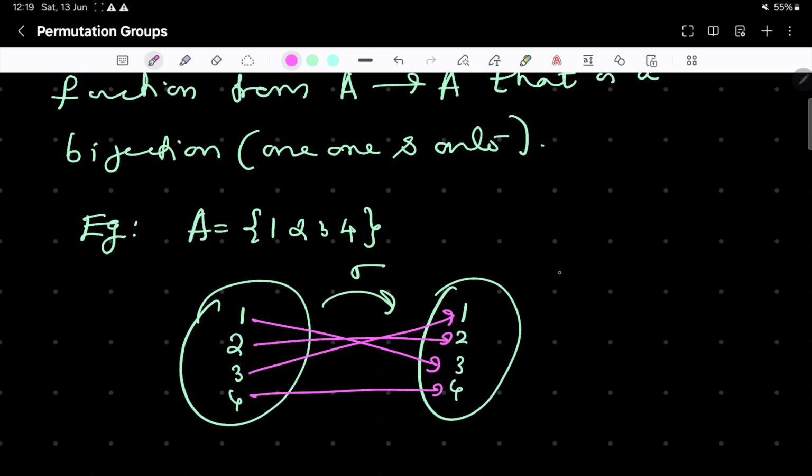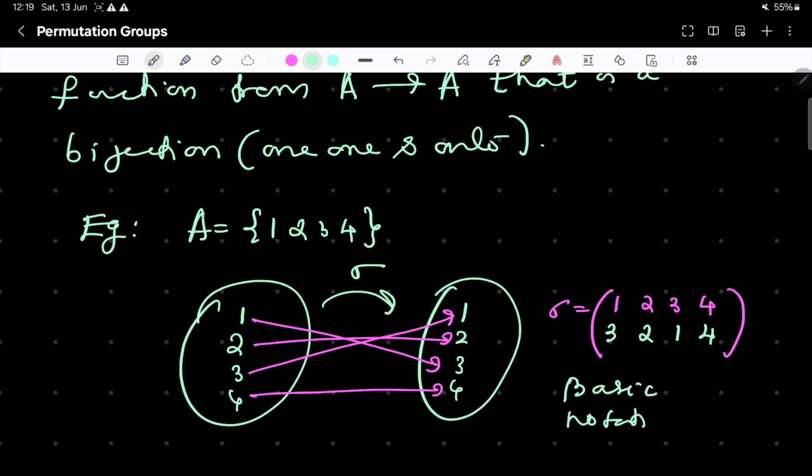Let us write it in this fashion: write the set A on the top, and below write the elements which are mapped. So 1 goes to 3, 2 goes to 2, 3 goes to 1, 4 goes to 4. This is the basic notation of a permutation. So permutations are bijections.